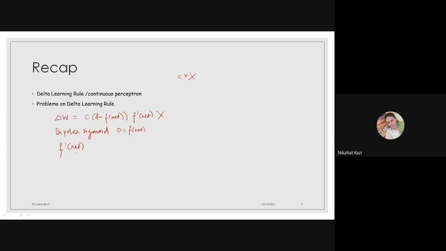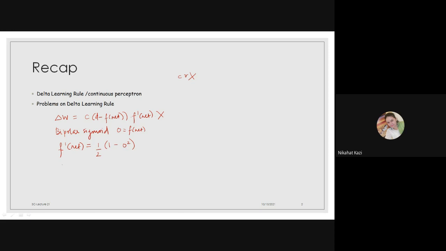So what is f dash net in the case of the bipolar sigmoid? Half into 1 minus O square. We found the derivative and proved that this equals this: half times 1 minus O square.